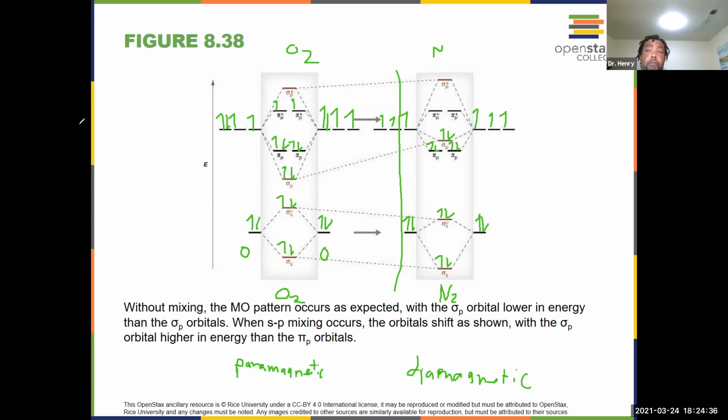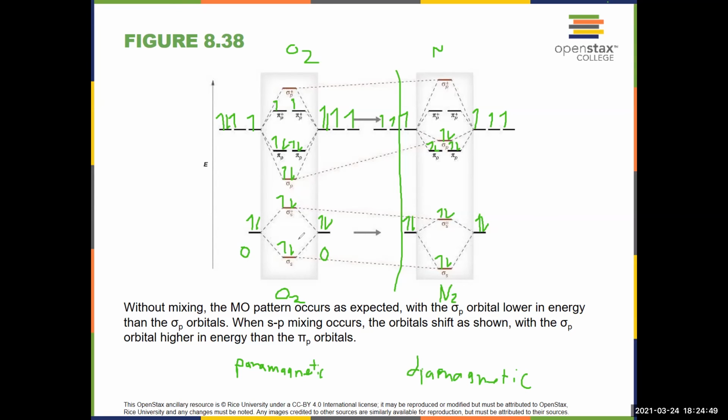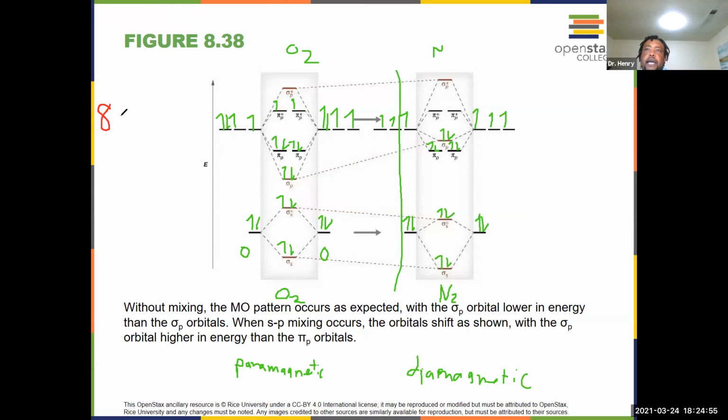Okay, so what is the bond order for oxygen? How many bonding electrons do I have? You said 8. And how many antibonding electrons do I have? That's a star there.